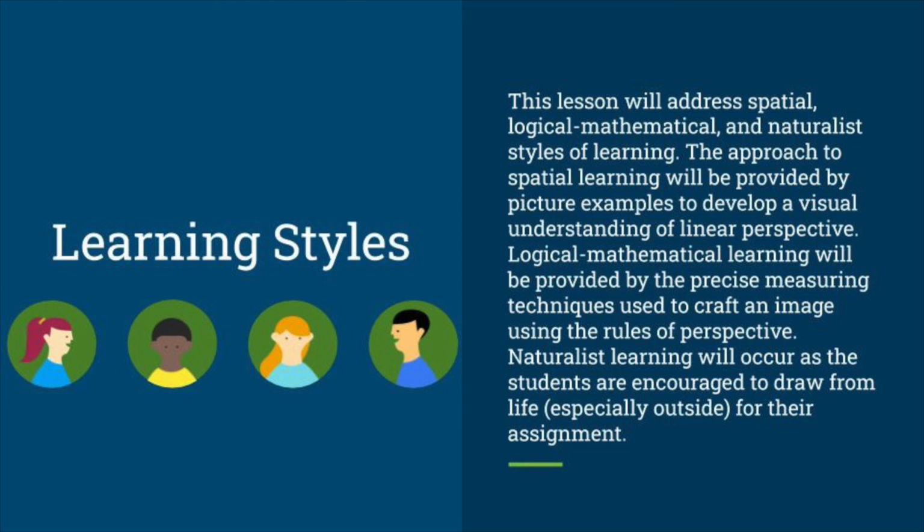The approach to spatial learning will be provided by picture examples to develop a visual understanding of linear perspective. Logical mathematical learning will be provided by the precise measuring techniques used to craft an image using the rules of perspective. Naturalist learning will occur as the students are encouraged to draw from life, especially outside, for their assignment.